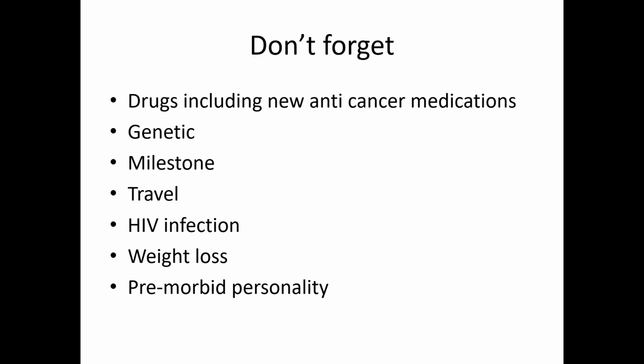Now, the drug history, and especially in the West, anti-cancer medication, because a new anti-cancer medication can develop all sorts of neurological disease. And especially we call it an immune checkpoint disorder. But in a developing country you still have chemotherapy, so they may develop a peripheral neuropathy, for example, and also people do use indigenous medicine.